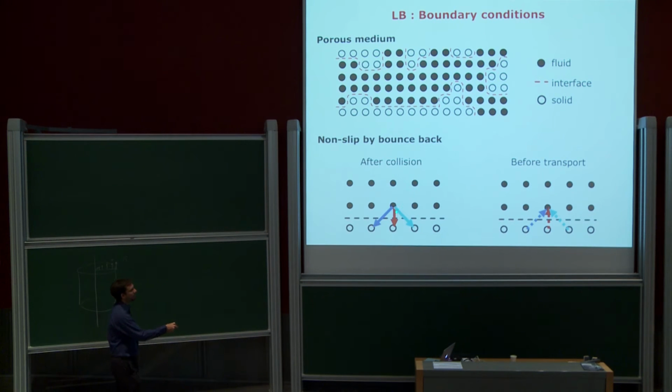So essentially you are saying: I had particles here moving in that direction with this velocity, and I'm just putting them back there with an opposite velocity. And therefore, when you go to the transport step, they will move back to the starting node, but with an opposite velocity. And in doing so you have imposed a non-slip or stick boundary condition at an interface that lies at the midplane between the plane of fluid and the plane of solid nodes.